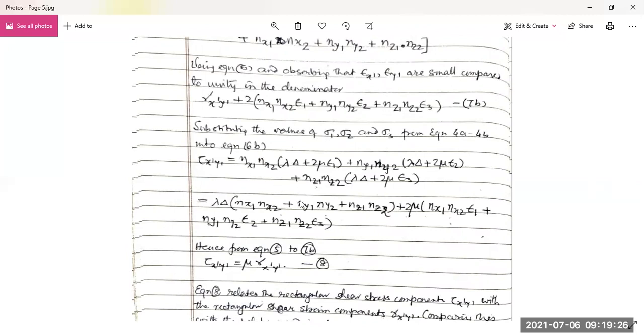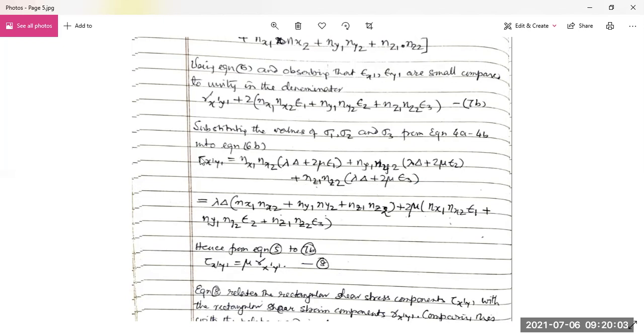Hence, we replace sigma 1 by this value, lambda into delta plus 2 into mu epsilon 1, plus ny1 ny2 times lambda delta plus 2 into mu into epsilon 2, plus nz1 nz2 multiplied by lambda delta plus 2 into mu into epsilon 3. The earlier parts are in the earlier page.